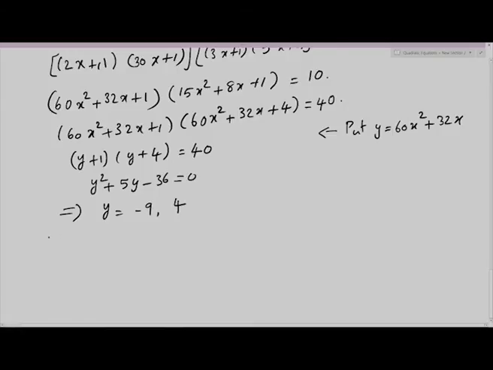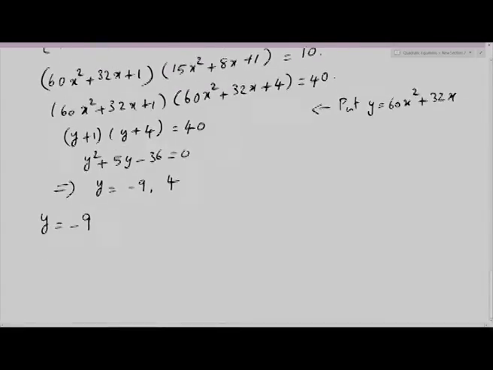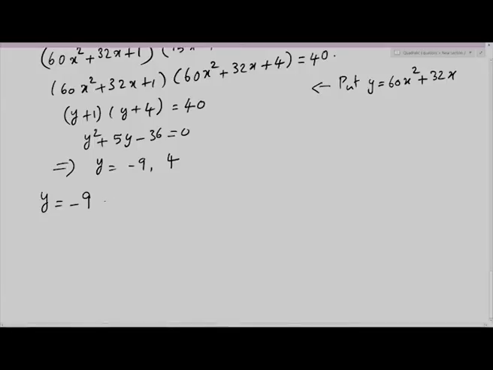If I take y equal to minus 9, we have to go back to the original variable. The equation becomes 60x square plus 32x plus 9 equal to 0.